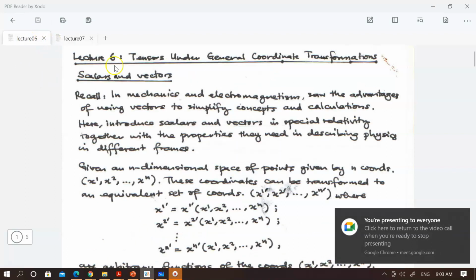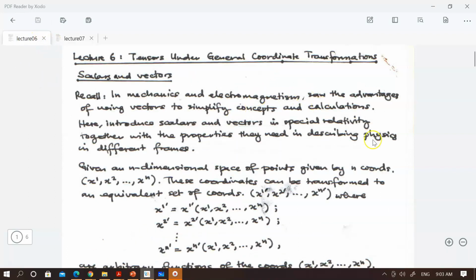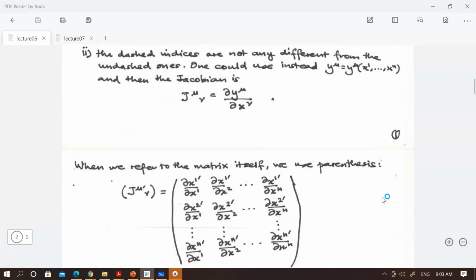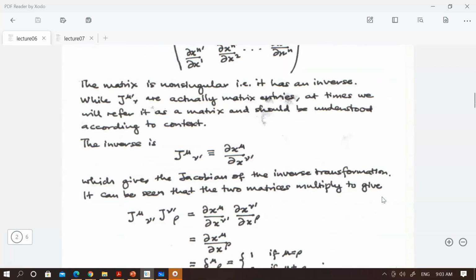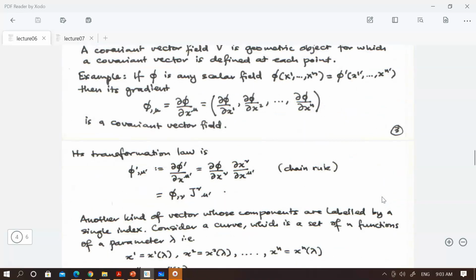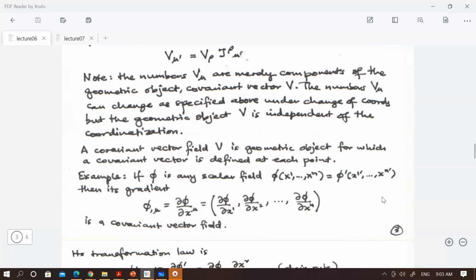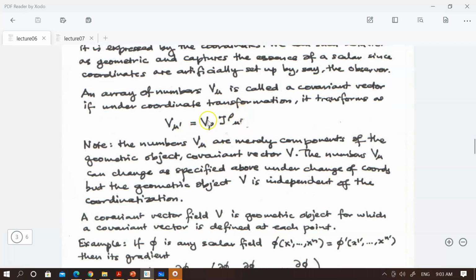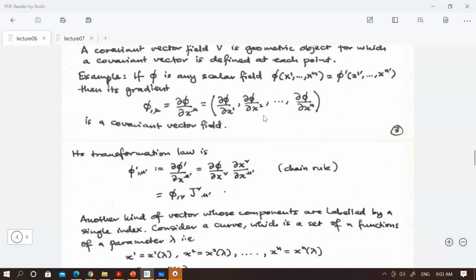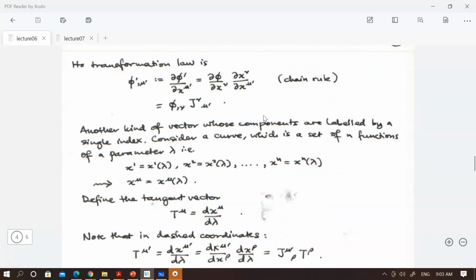So yesterday we did this particular lecture, and I believe we have gone through the point of defining what is a covariant vector. This is over here. A covariant vector has this transformation law with the inverse Jacobian, and an example of this is the gradient of a scalar.